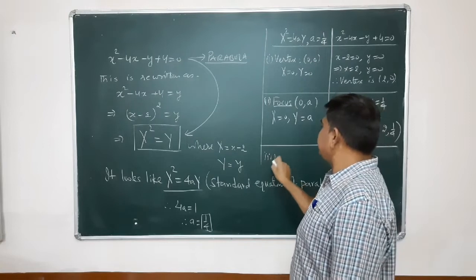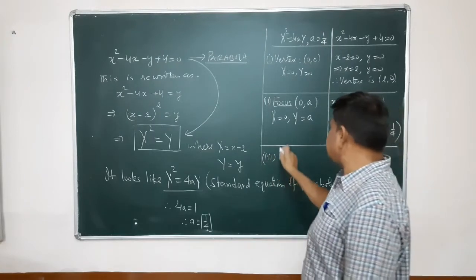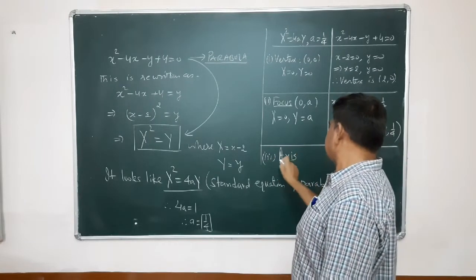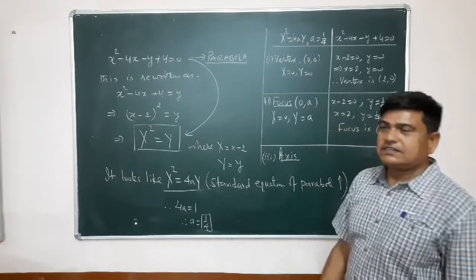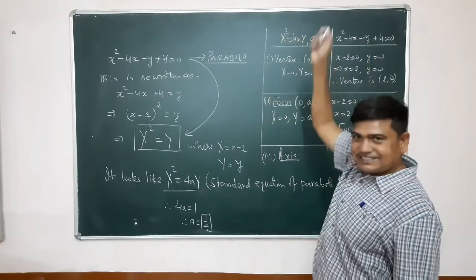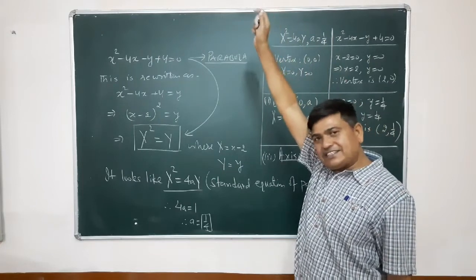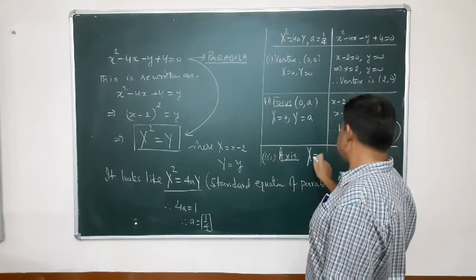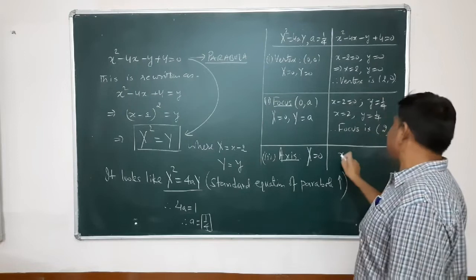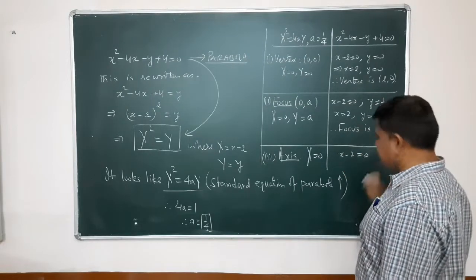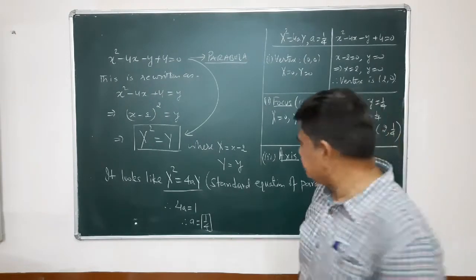Number 3, axis. Upward y-axis. So X equals to 0 means here x minus 2 equals to 0. This is the line.